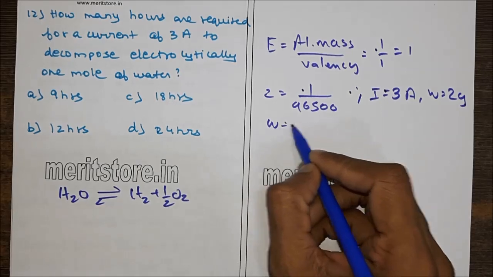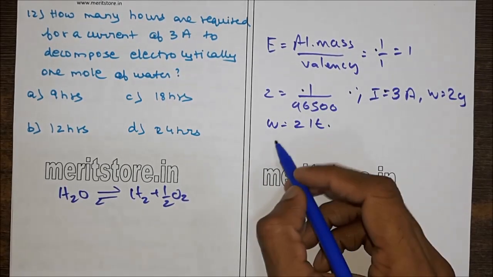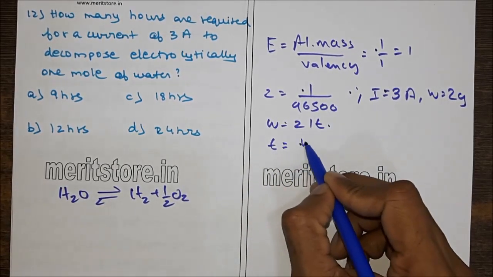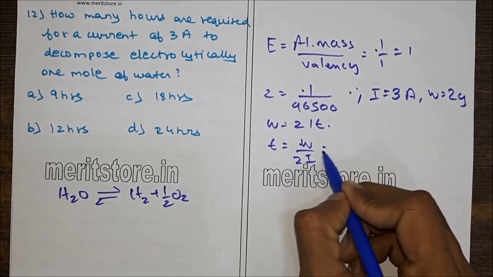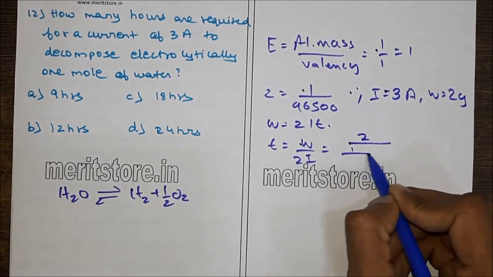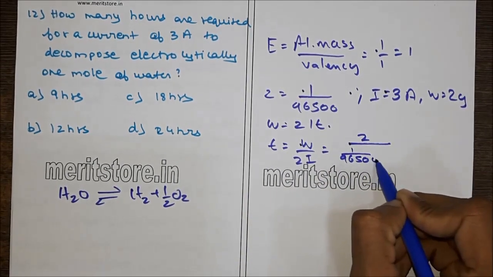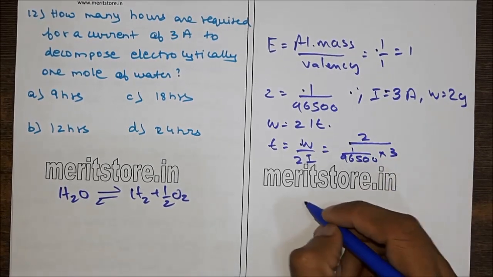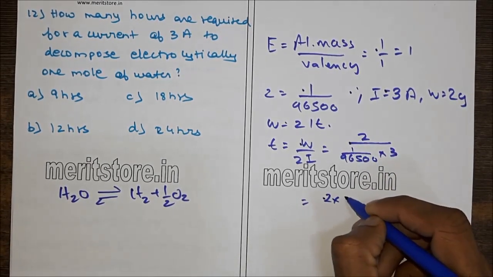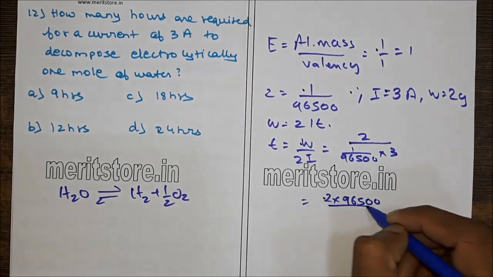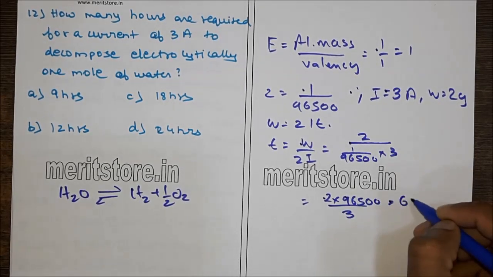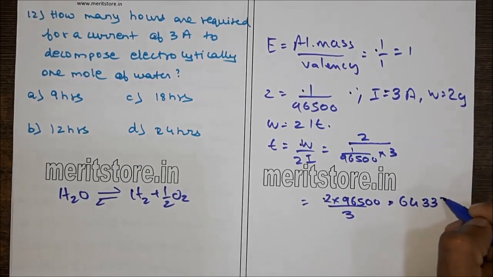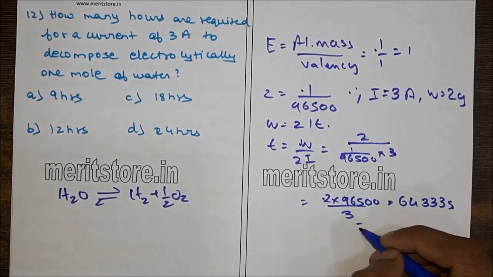So W is equal to ZIT. We solve for T, we get W upon ZI, which is 2 upon 1 upon 96,500 into 3, which is equal to 2 into 96,500 upon 3, which is equal to 64,333 seconds.